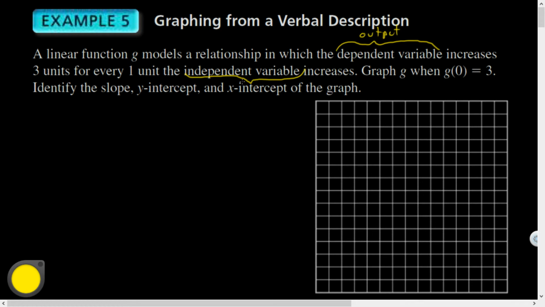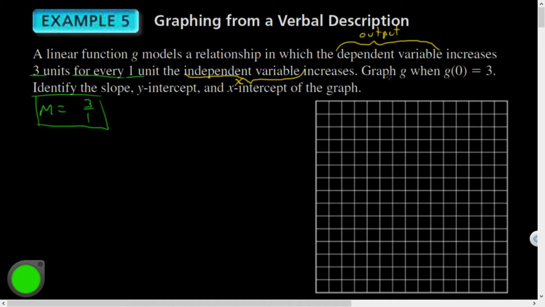That is the x value increases, so output increases 3 per 1 of the x. The rise is 3 over 1. So I'm going to write that m is equal to 3, for every 1. 3 over 1 is my slope.